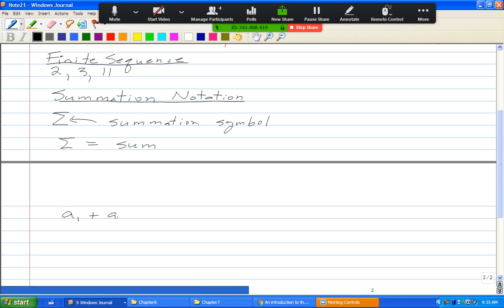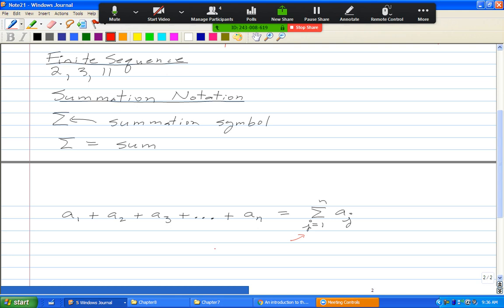I can write this sum of terms in a shorter notation. This is called my dummy index.